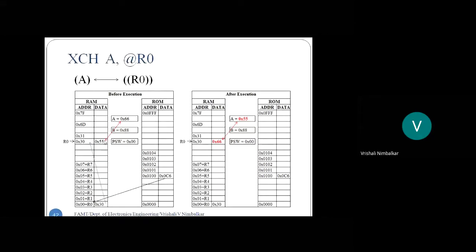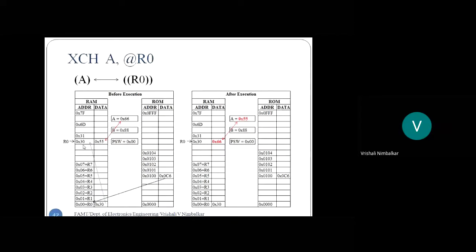Okay, so see 30 hex, I have shown an arrow. So how do we say it? Data pointed by R0. That is how you should imagine it, right? R0 is pointing to some memory, so data pointed by R0 is picked up and exchanged with the accumulator. Okay, students, whenever I say pointer, this is how you should imagine it is working.